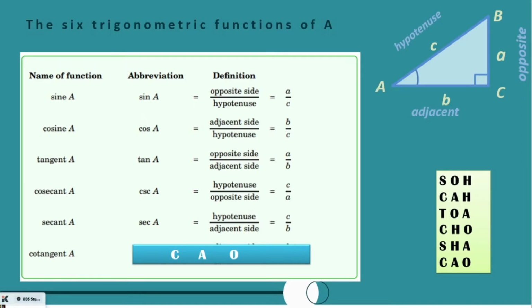Cotangent of A is equal to the adjacent side, which is b, over the opposite side, which is a. So if you are going to memorize the 6 trigonometric functions, you can just memorize this abbreviation: SOH, CAH, TOA, CHO, SHA, CAO. And I believe most of you are already familiar with it.